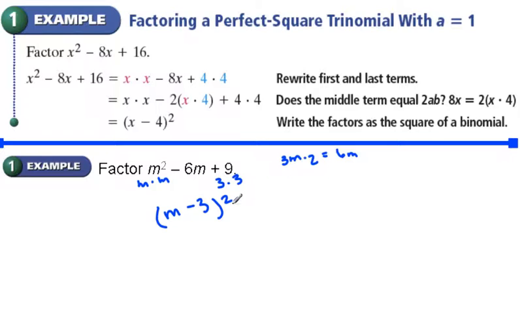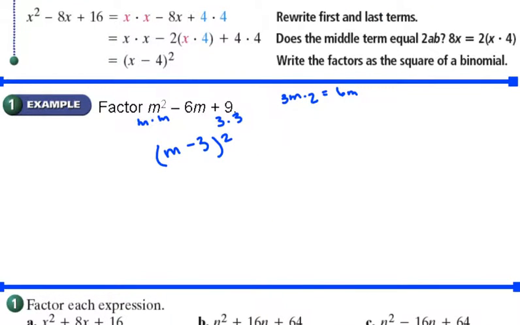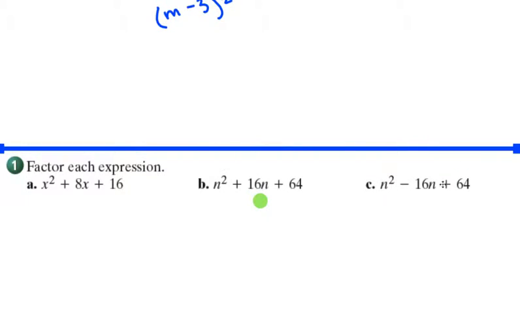That's it. All right, let's take a look at one of the quick checks. Let's go ahead and do B. Is n squared a perfect square?